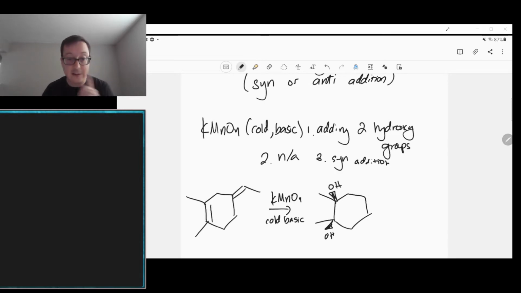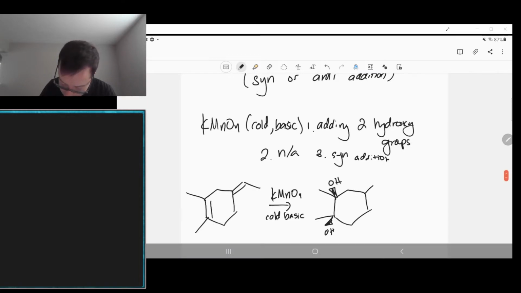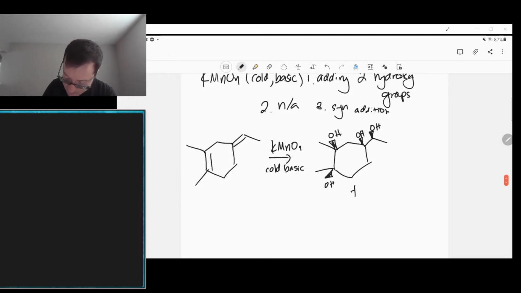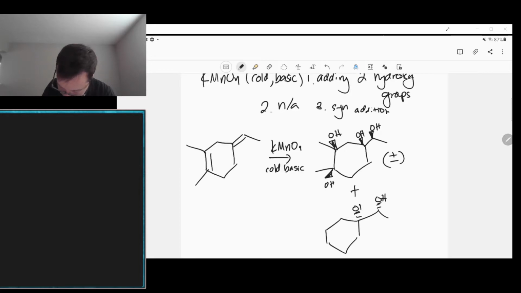And they're going to be syn to each other, so they will have the same stereochemistry. Now, of course, there's no reason we're not going to get a couple of diastereomers here as well. We're going to see that we have the other one as well.